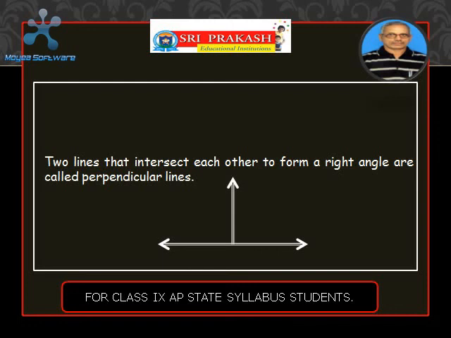In the figure, two lines intersect at one point making right angles. Right angle means what? 90 degrees.